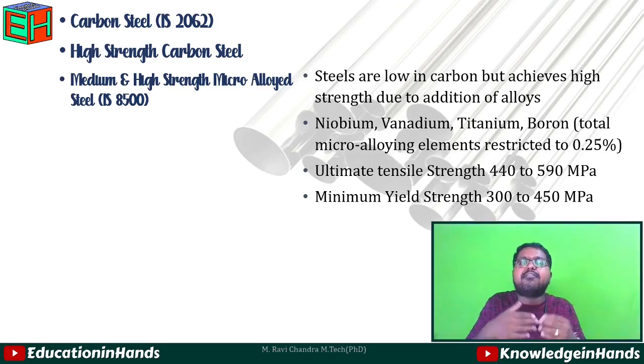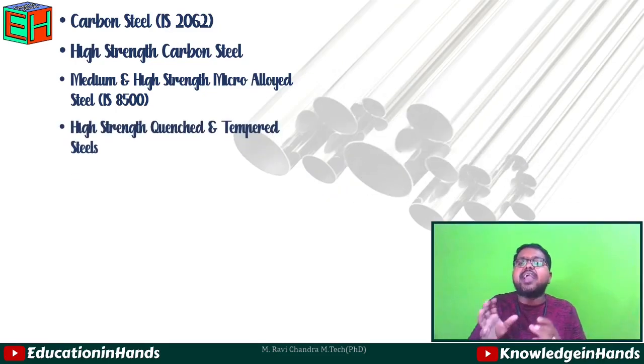Niobium, vanadium, titanium, boron, etc. Micro alloying elements are added along with carbon to the steel, which increases its strength. Ultimate strength of this steel ranges from 440 to 590 megapascals, and its yield strength is from 300 to 450 megapascals.